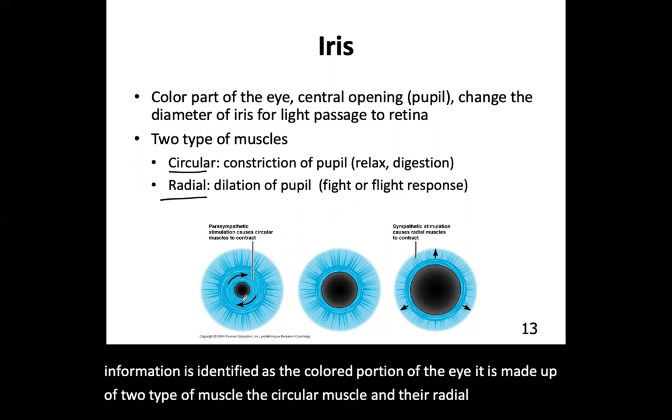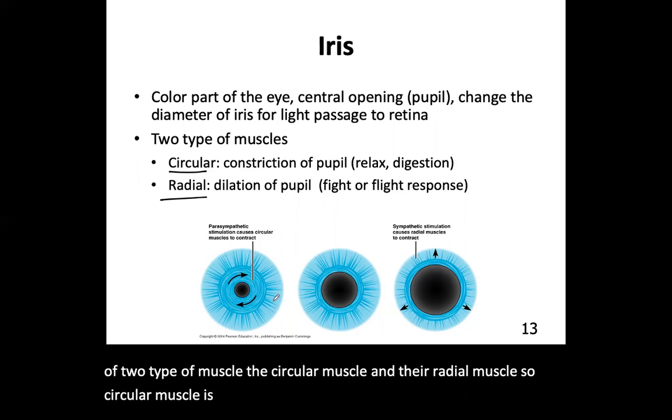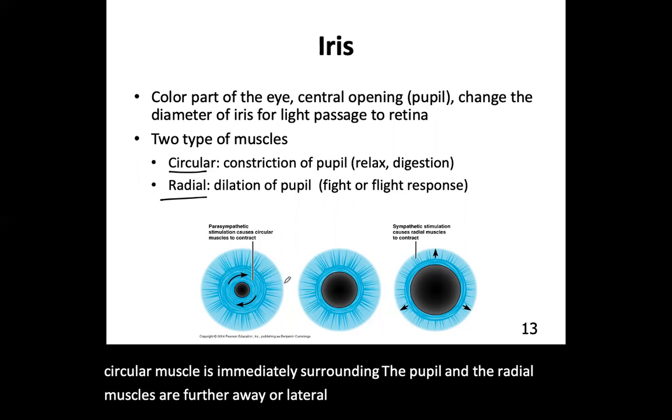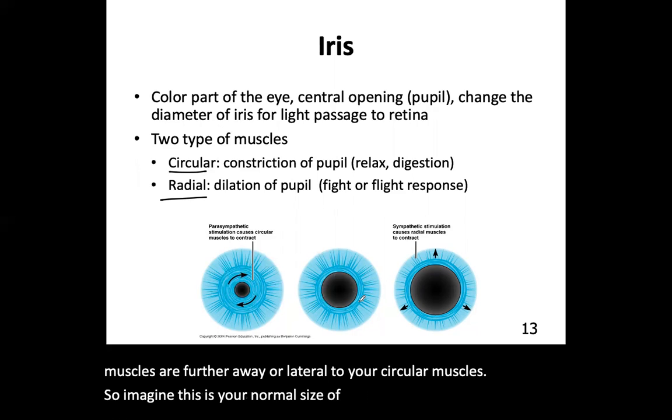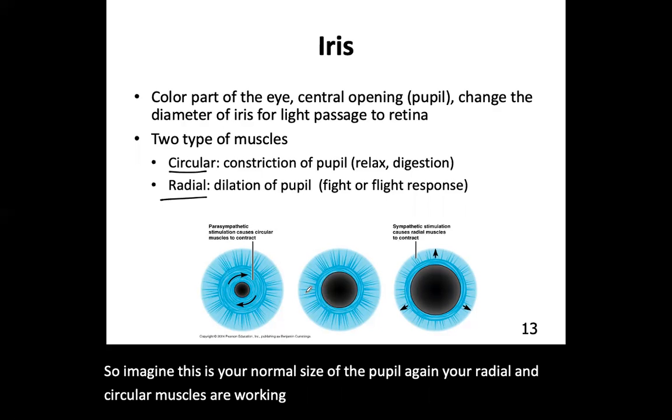The circular muscle immediately surrounds the pupil, and the radial muscles are farther away, lateral to the circular muscle. Imagine this is the normal size of the pupil. Your radial and circular muscles are working together to form a specific pupil size.